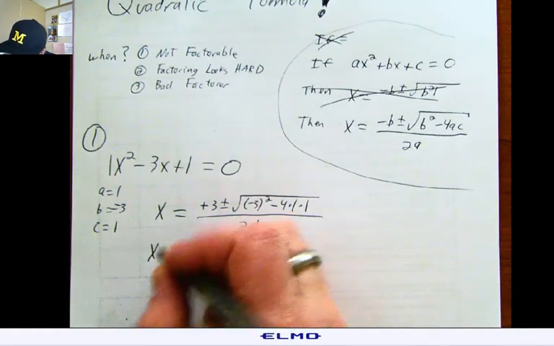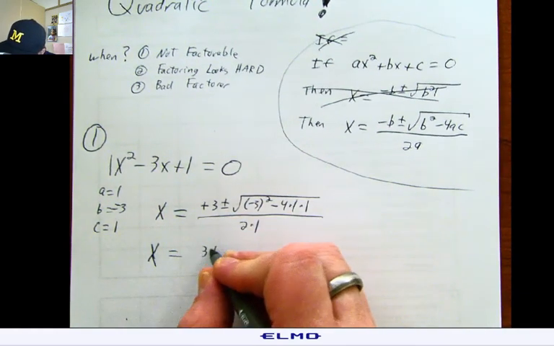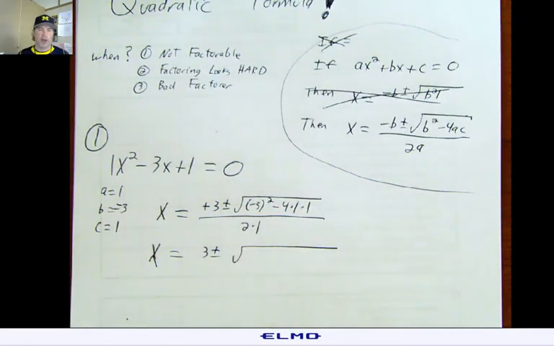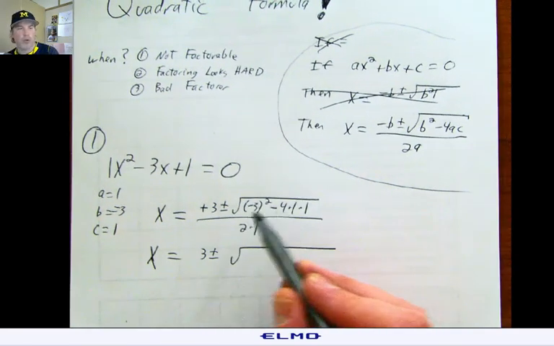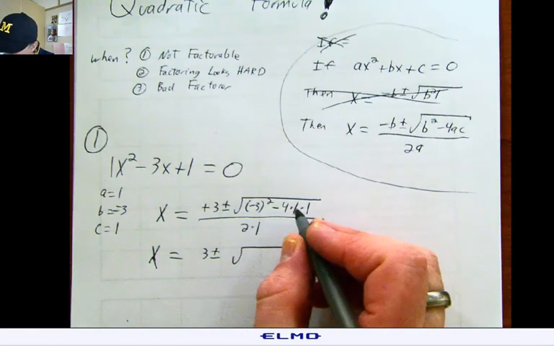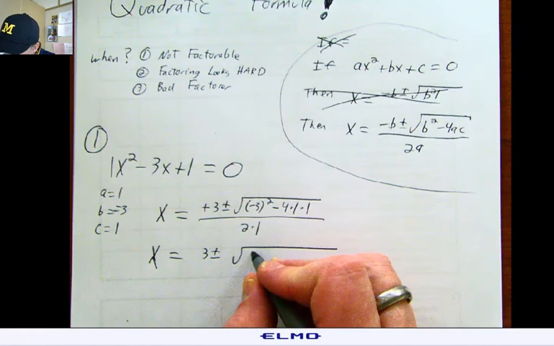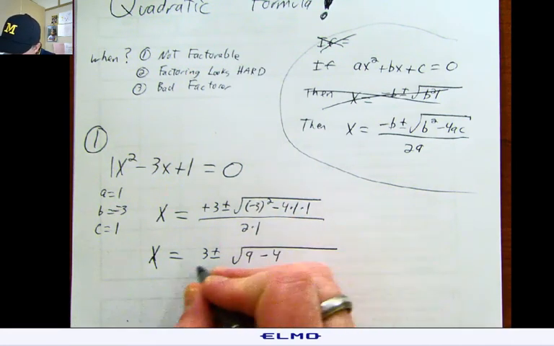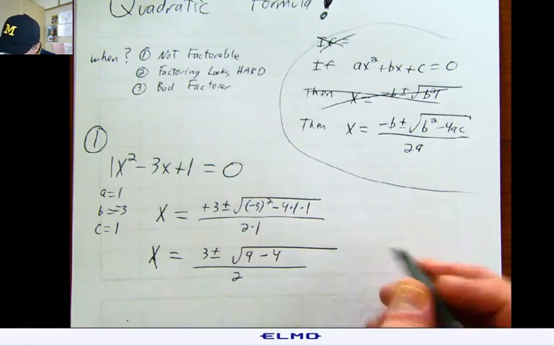x equals 3 plus or minus the square root of, then we start going through our order of operations. Inside the square root is kind of like a parentheses, so we'll figure out inside the square root first. Negative 3 squared is 9. Negative 4 times 1 times 1 is negative 4, all over 2 times 1, which is 2.